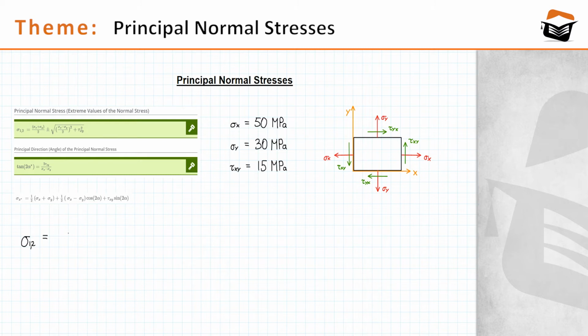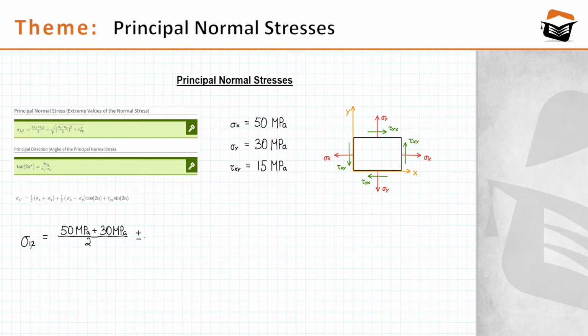Sigma x is 50 megapascal, plus 30 megapascal, divided by 2.